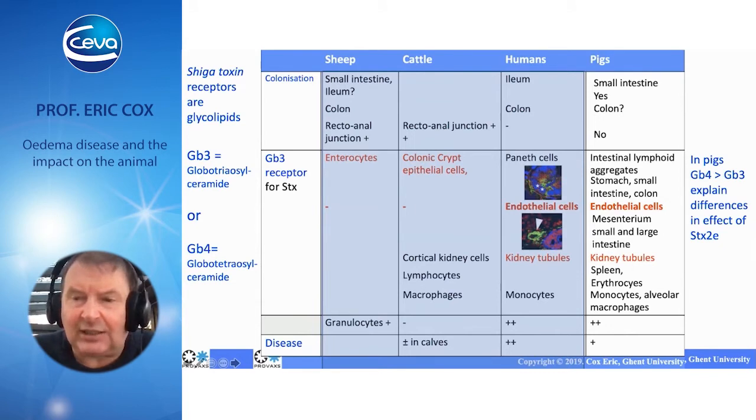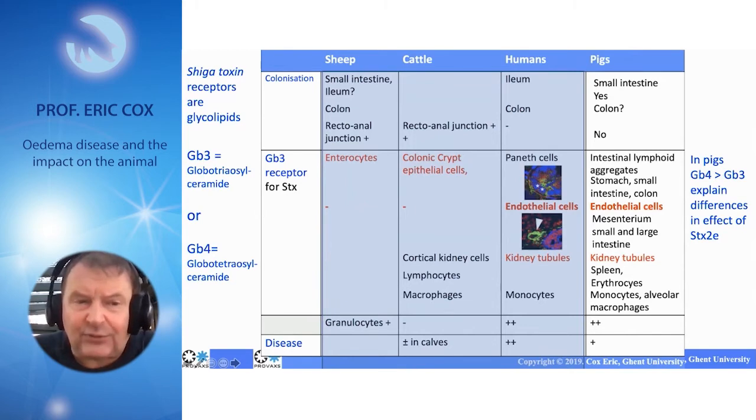It's a glycan consisting of 4 sugar molecules that are linked to the lipids of the cell membrane. That is different from the Shiga toxins that are produced by strains in sheep, cattle, and humans. And that's also the reason why pig strains are not pathogenic for humans and for ruminants.